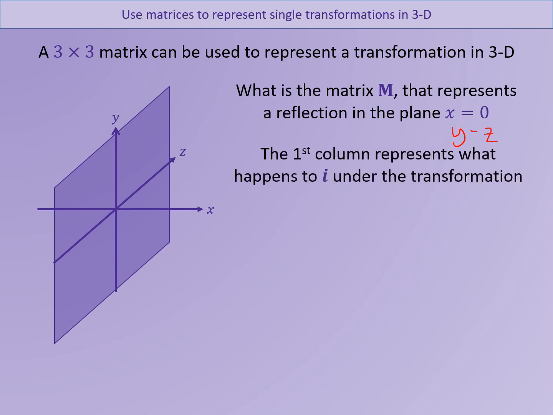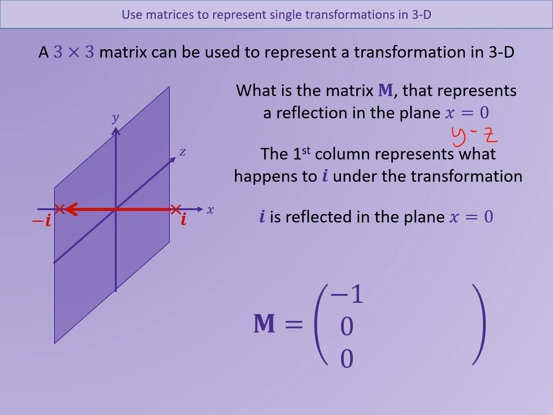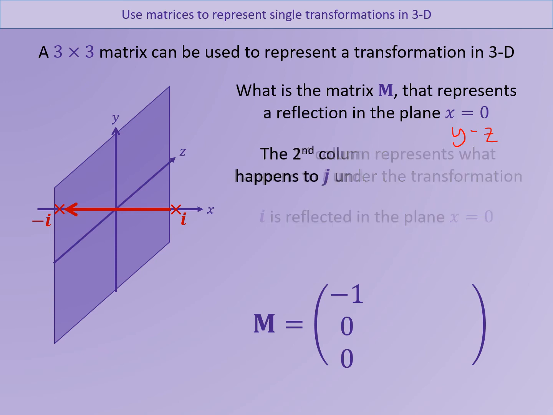Now let's take a look at what would happen to I. I at this point is a column vector 1, 0, 0, and as it's reflected in the plane x equals 0, it will have a position of minus I. So this transformation matrix becomes minus 1, 0, 0 for the first column. That's how I is mapped under this transformation.